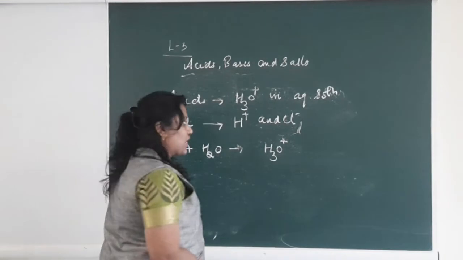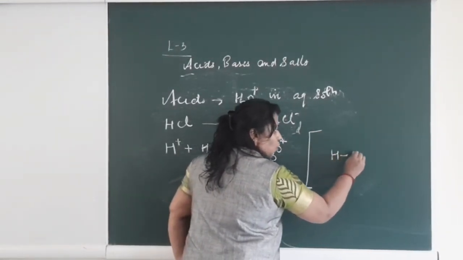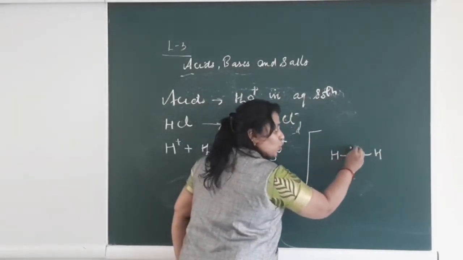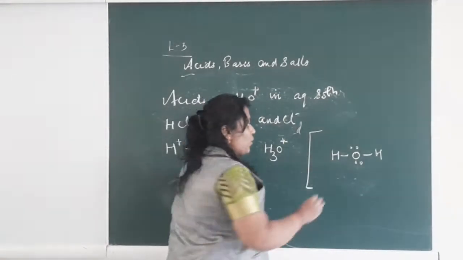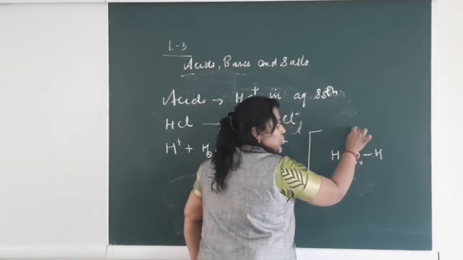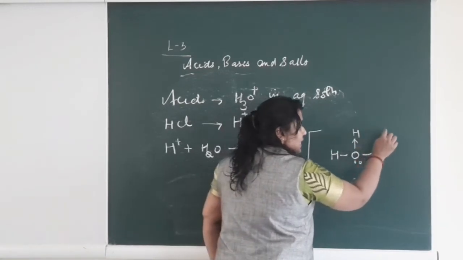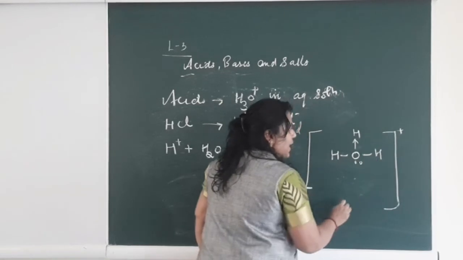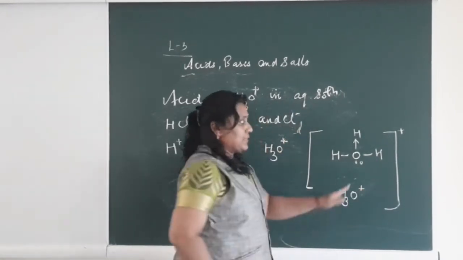Now the structure of hydronium ion: it is HOH, water with two lone pairs of electrons. One of the lone pairs of electrons is coordinated to this H plus ion, and then we have the identity of a hydronium ion, H3O plus.